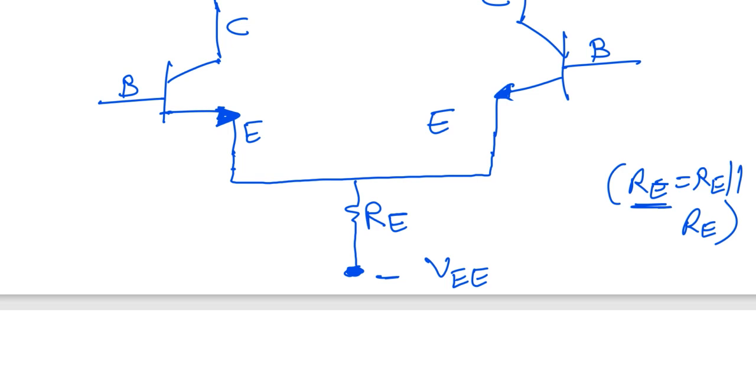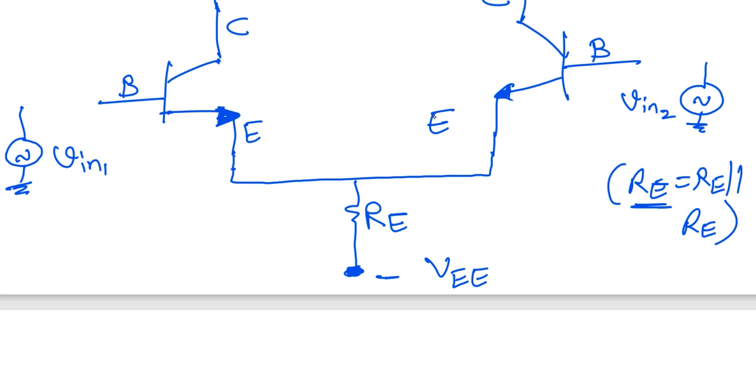Then we are looking at the diagram of dual input. So you should draw two input signals, first input, second input. This is V in 2, V in 1. So this is nothing but dual input.